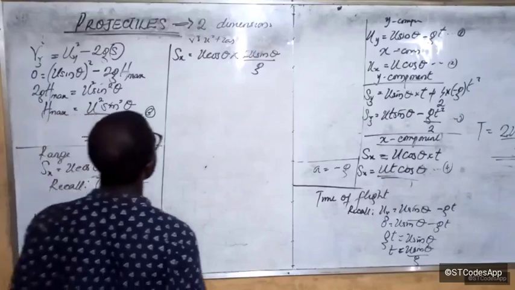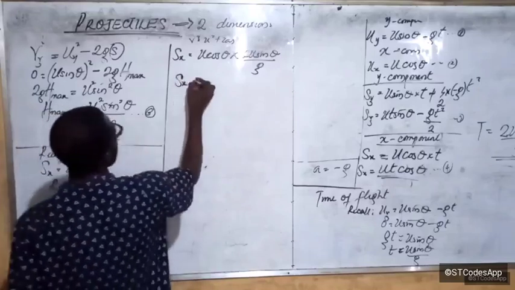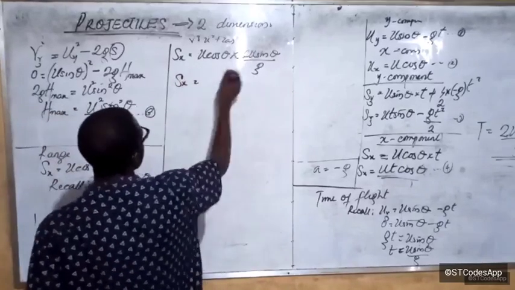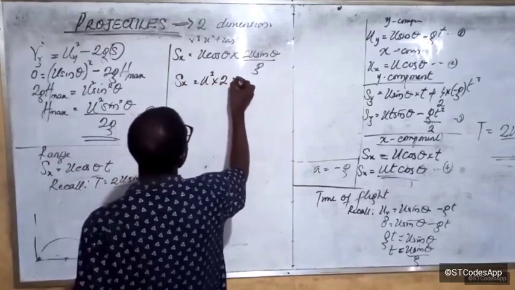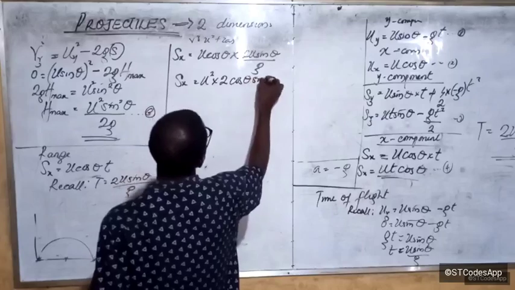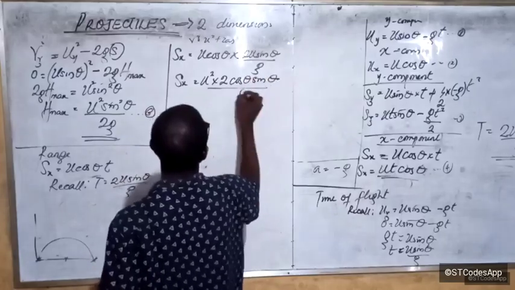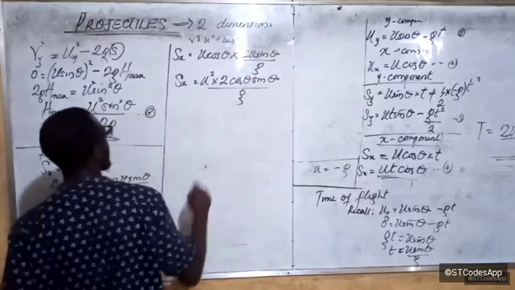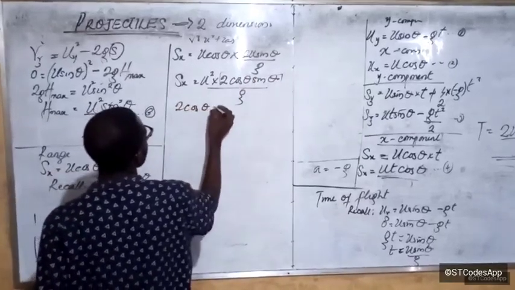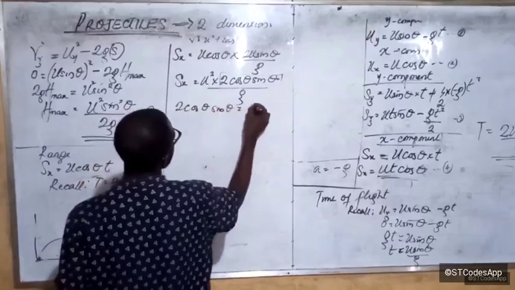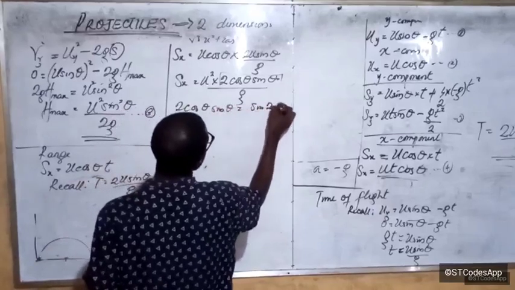Okay, so from here, what do we have? We have that s sub x will be equal to u squared times 2 cos theta sine theta all over g. So recall that 2 cos theta sine theta is equal to sine 2 theta.